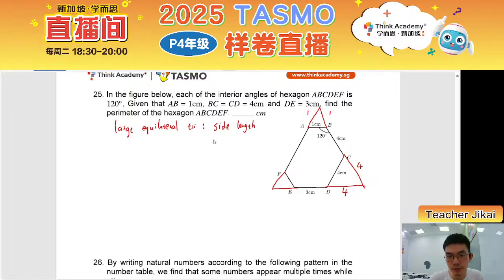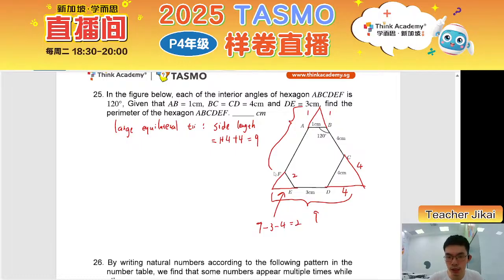It will be equal to what? This right side is 1 plus 4 plus 4, which is 9. So it means we know this part is 9 and this part is 9. We know this is 3, this is 4. So what is this part? 9 minus 3 minus 4, so it is 2 here.